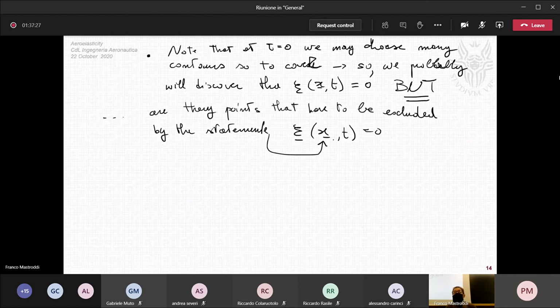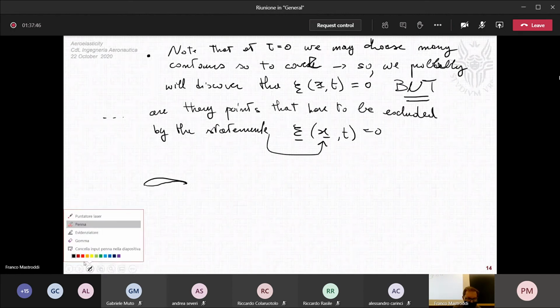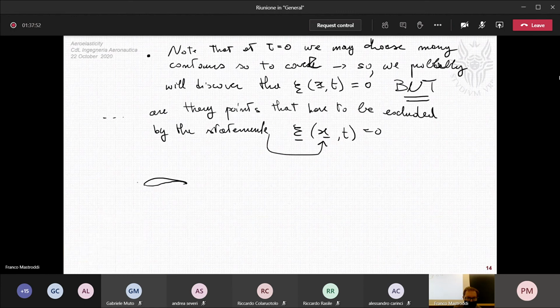Are there, could be points with not 0 vorticity? Considering this mechanism. Well, if you consider this mechanism, here is the point. Here is your profile, and the points are the following. Let me use violet, and the points are the following. Look.